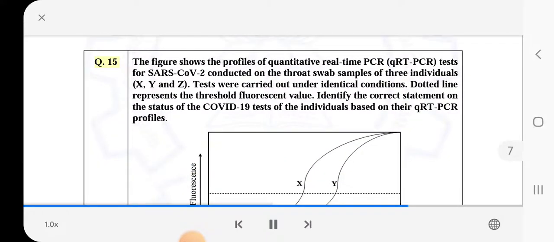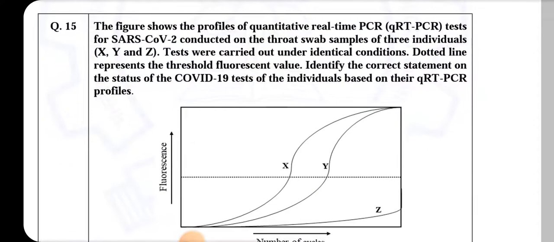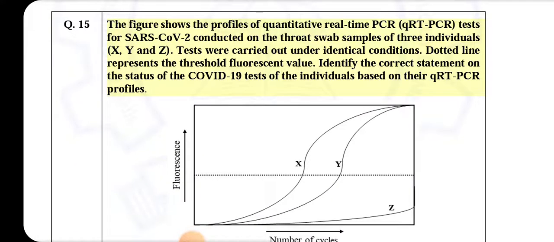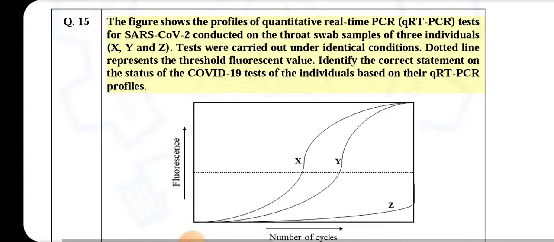Q.15 The figure shows the profiles of quantitative real-time PCR (qRT-PCR) tests for SARS-CoV-2 conducted on the throat swab samples of 3 individuals X, Y and Z. Tests were carried out under identical conditions. The dotted line represents the threshold fluorescent value.